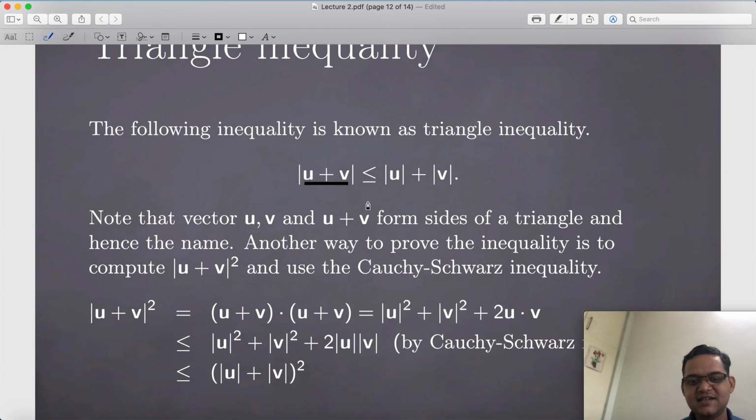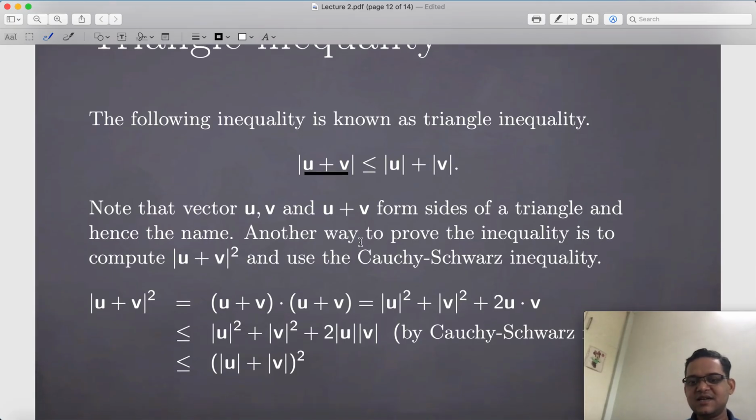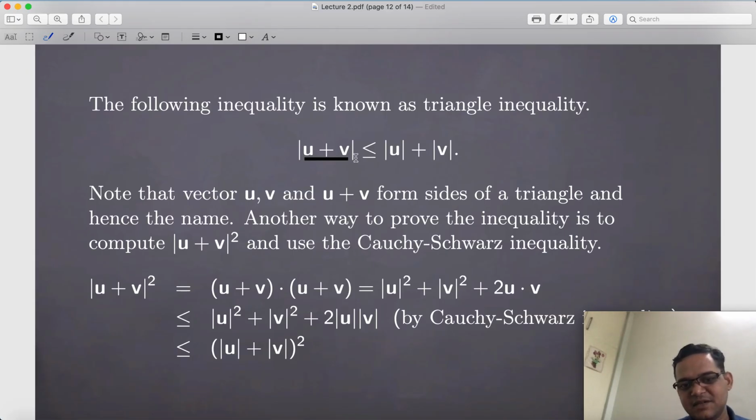So it is telling us that the length of one side of a triangle is less than or equal to the sum of the other two sides, isn't it? So that is why it is called the triangle inequality. Now there are several ways to prove this. You already know how to prove it using the coordinates and the idea of length.